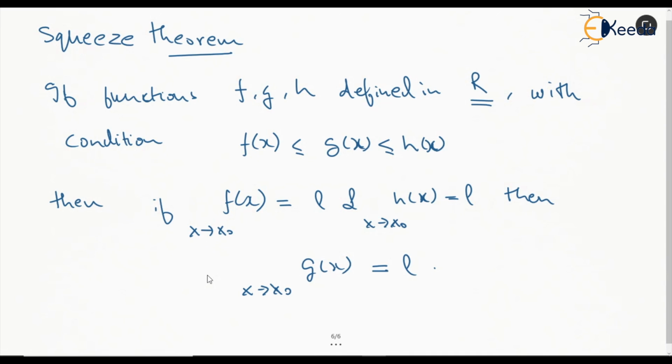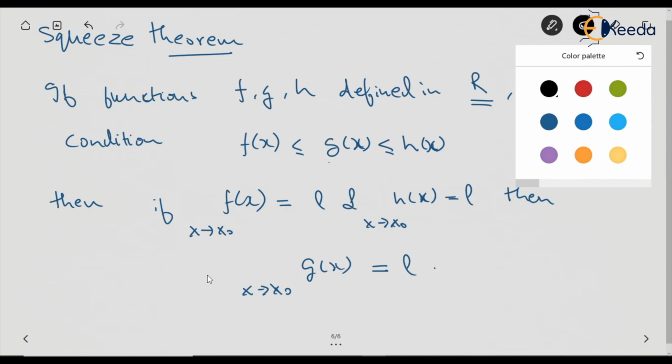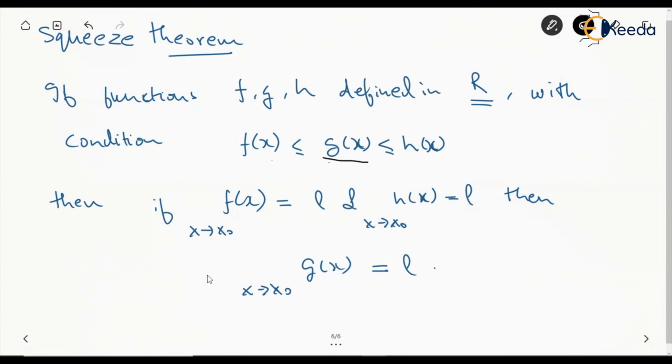The point is, if these functions f of x, g of x and h of x satisfy this condition such that g of x lies between f of x and h of x in the region R, and x naught is within this region R, and the limit is L for f of x and h of x, then g of x should also have the same limit L, right? It will have the same limit.